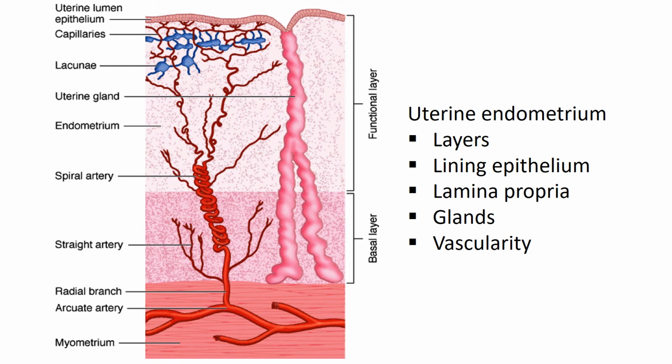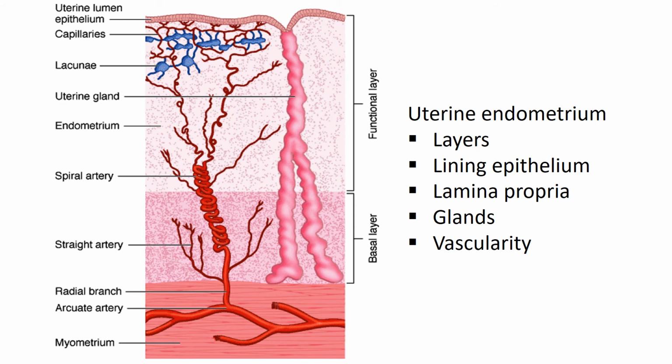Again, the radial artery emerges from the arcuate artery in the circular muscle layer of the myometrium, and gives rise to two sets of arteries: the straight artery for the basal layer, and the spiral artery, which is coiled, hence the name. These spiral arteries give rise to longer branches reaching up to the luminal or surface epithelium.